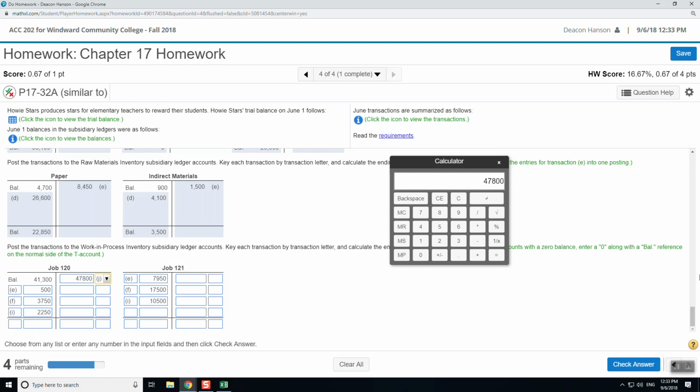But I'm going to subtract, I can tell, okay, it's already 0. And then job 121 will just be the accumulation of whatever's on that debit side. What do we get? 35,950.